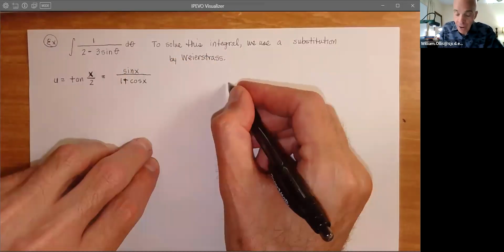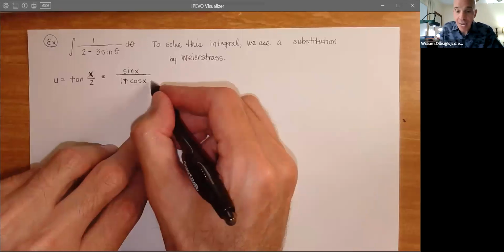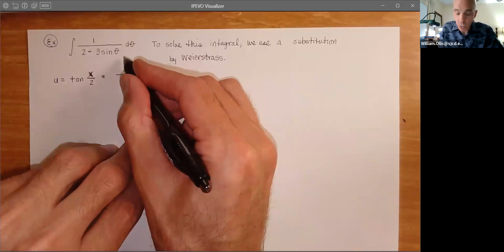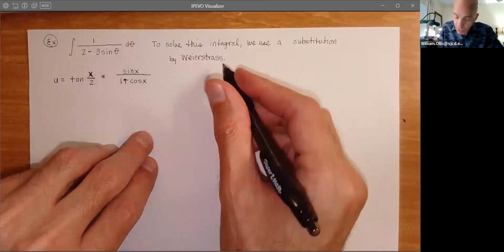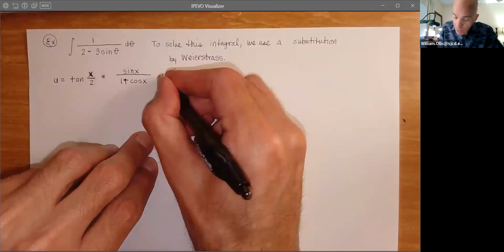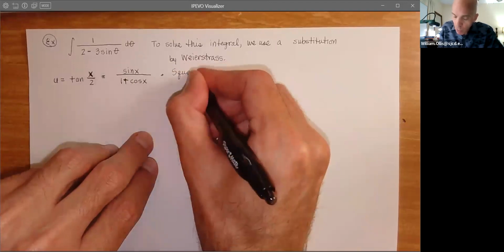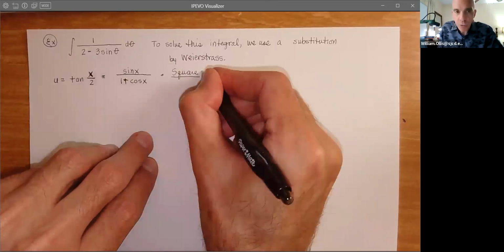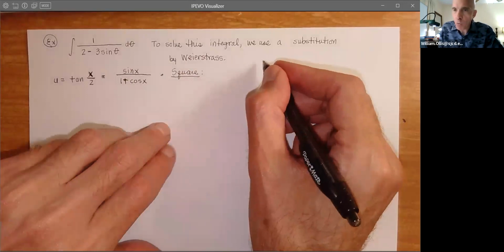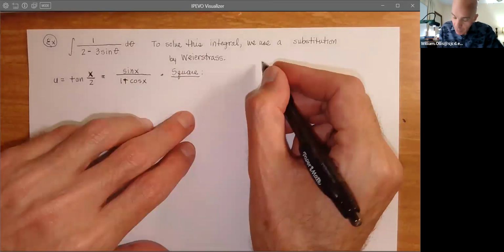We can use this to rig a substitution to solve this integral. The first thing we want to do is square. We want to convert the integral into a rational integral, and then we get to use some of our formulas that we've already derived from the integral table.